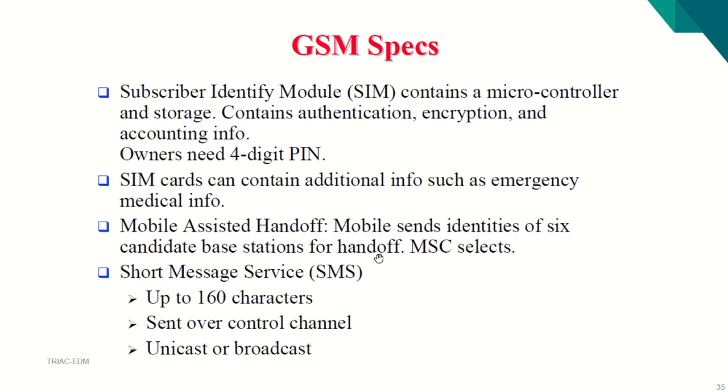That's what we mentioned in the previous hexagon structure. Then the MSC will select one, and of course it's going to select the one with the strongest signal. And also SMS, which is not that common nowadays because you have messengers already, is up to 160 characters, sent over the control channel and unicast or broadcast.